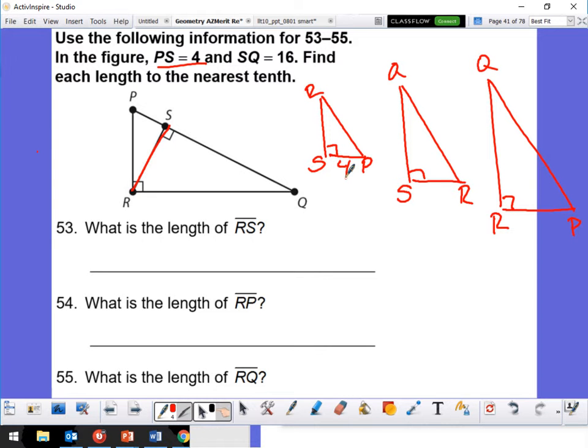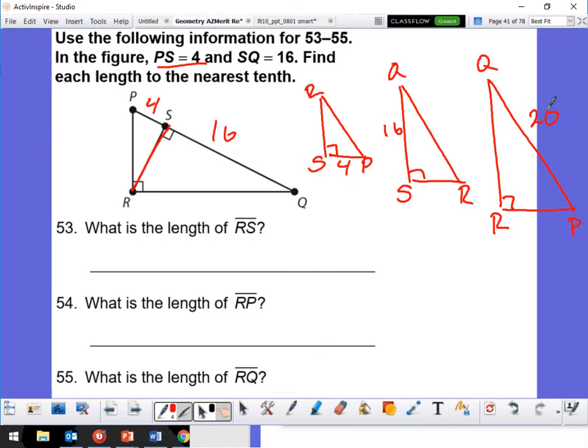Next thing I have, SQ is 16. Do I know anything else? PQ is 20. That's good. All right, so that's everything I need there.